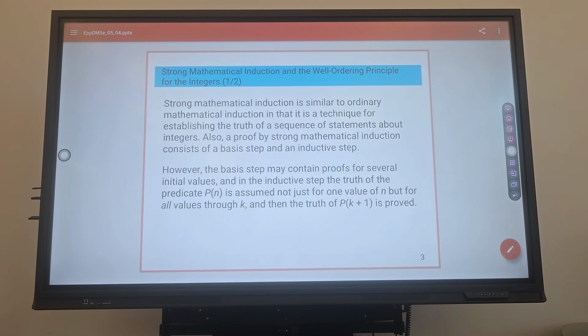Also, a proof by strong mathematical induction consists of a basis step and an inductive step. However, the basis step may contain proofs for several initial values, and in the inductive step, the truth of the predicate P of n is assumed not just for one value of n, but for all values through k. And then the truth of P of k plus 1 is proved.